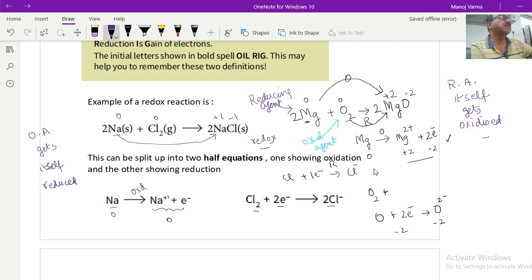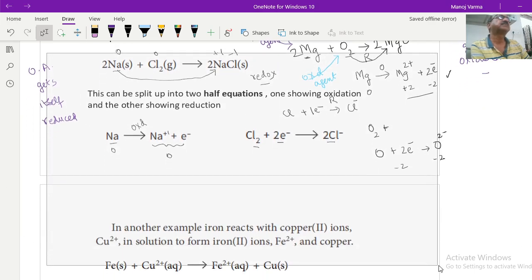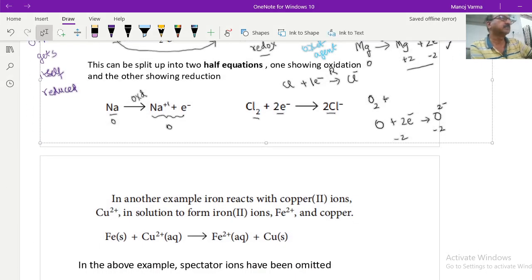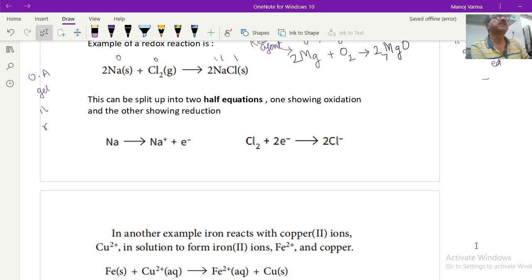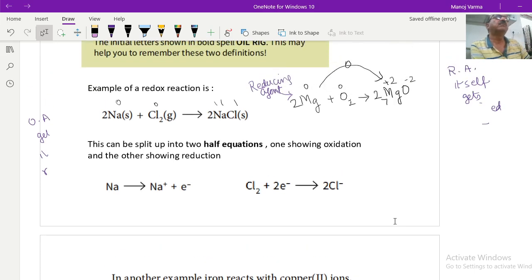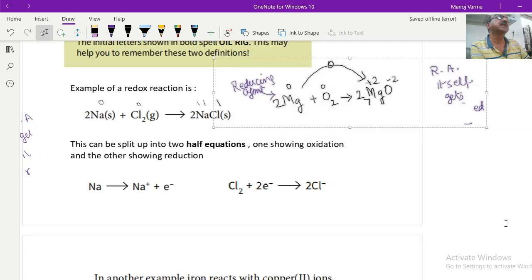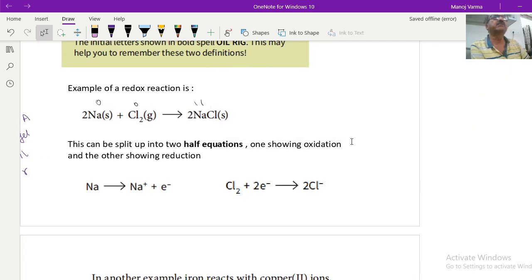So this is the very basic idea about oxidation, reduction, the oxidizing agent and the reducing agent, and I think definitely you have understood all this. Okay, so now we will try to understand some of the more important things in the subsequent part of this lecture.